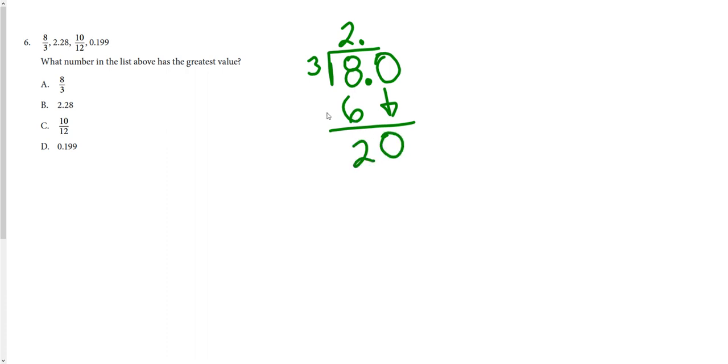Drop down the 0. Now we're going to do 3 into 20. And that would be 6. 3 times 6, we get 18. And we get 2 left over. And look at this, we actually get the same number again.